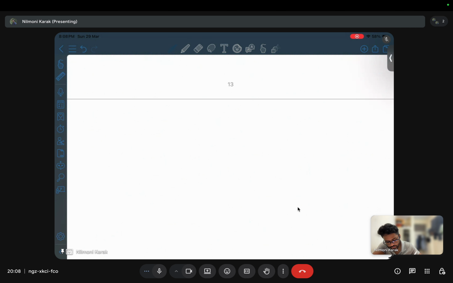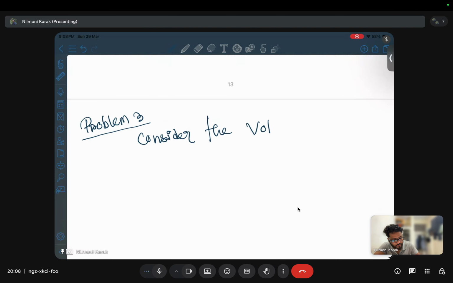Okay, so let us see the next problem. Problem 3. Consider the Volterra operator.